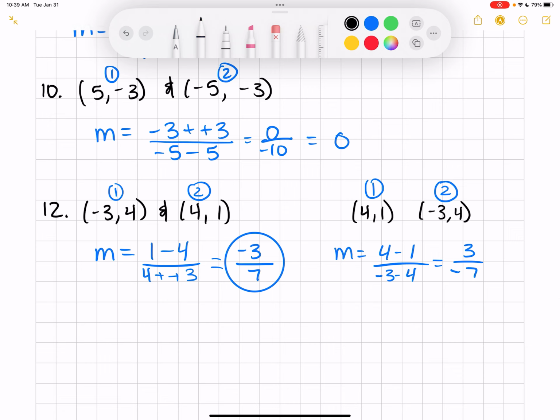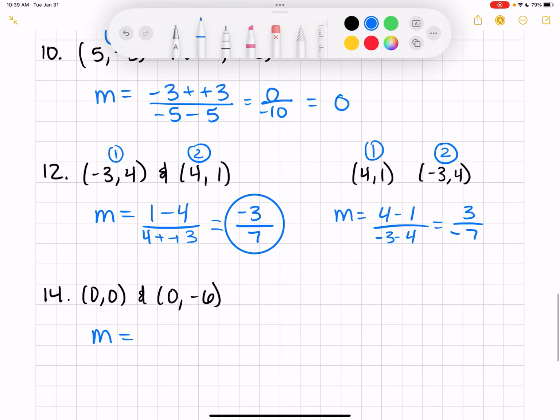All right, 14. 0, 0 and 0, negative 6. So how do I set this one up? Negative 6 minus 0 over 0 minus 0.